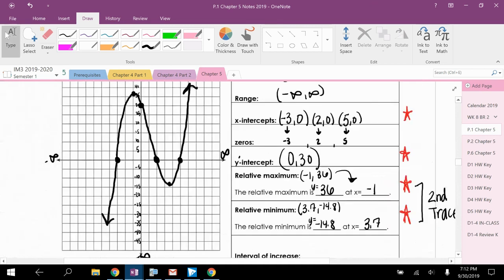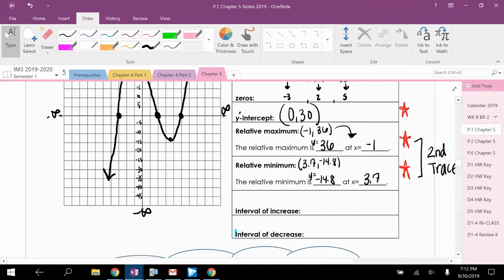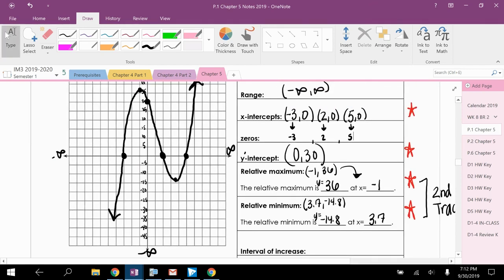The hardest part, interval of increase and decrease. And I'm going to have you guys draw in a couple of things to help us out here. I'm going to have you draw in those x values at your relative max and your min. So I'm going to have you draw a dotted line here. Your relative max is at -1, the x value of -1.